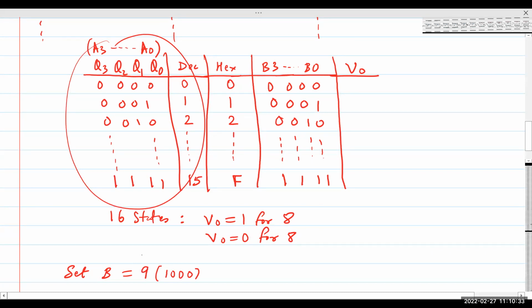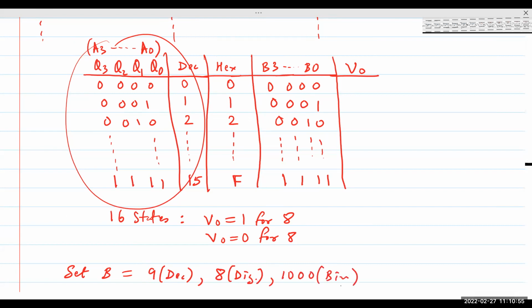This is decimal 9 and digital 8. I think I'm confusing you students. Hold on. So decimal 9 and digital 8, and in binary it would be 1, 0, 0, 0.